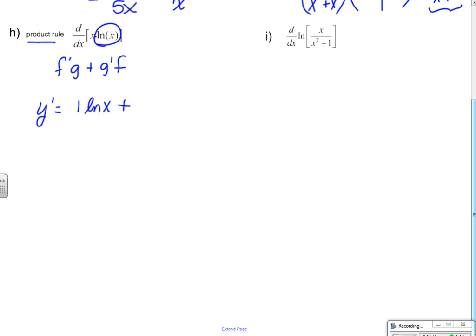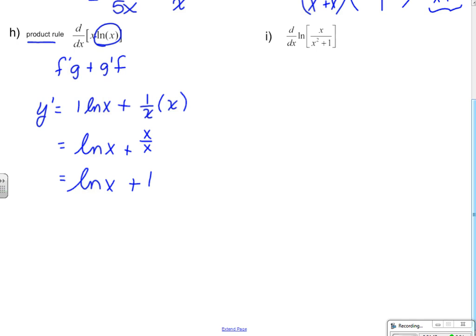Now look back and see, what is the derivative of natural log x? Well, it's 1 over x. You could think of chain rule, the derivative of x will turn out to be just 1, so it's going to stay just as that, multiplied by the first function, which is x. Simplifying, we'd have natural log x plus x over x, or simply natural log x plus 1.